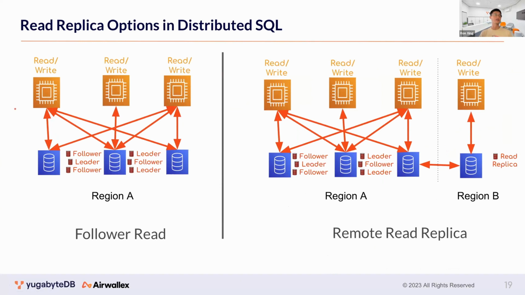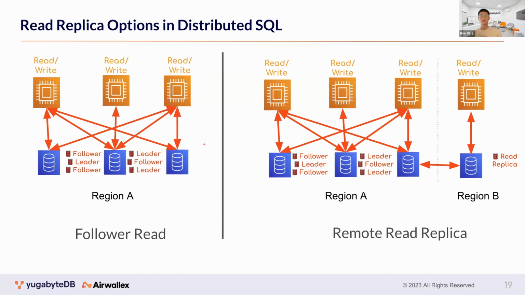Since for every piece of data you have a leader and multiple followers, you can just read from a follower in the same cluster, in the same region. In this way, we call it follower read, meaning you are reading from one of the followers.